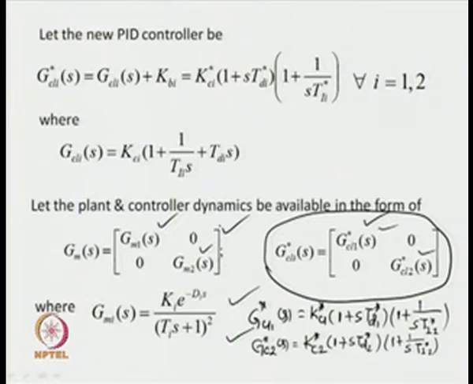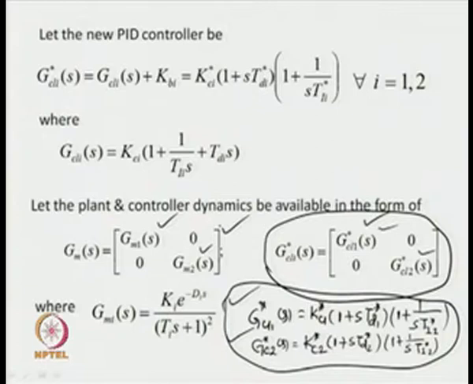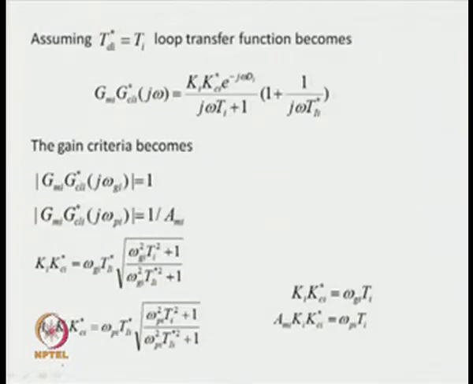With these forms of the new PID controllers, we shall now try to estimate the parameters of the controllers using phase and gain margin criteria. For that, for each i in the analysis, let us assume that TDi star is equal to Ti.